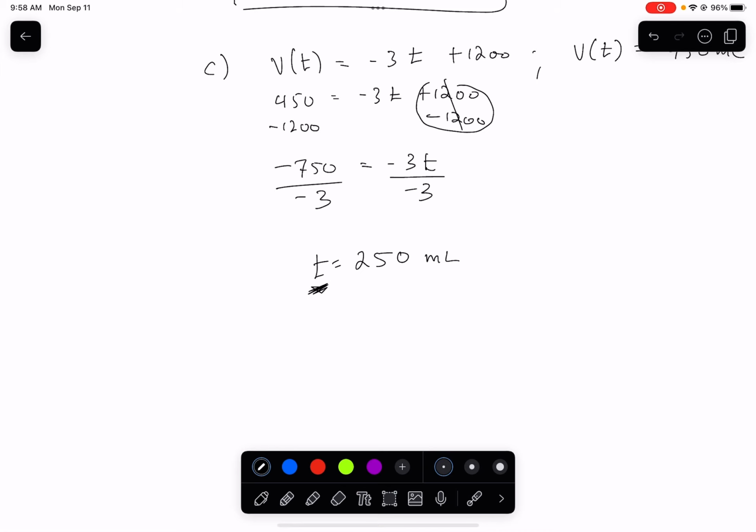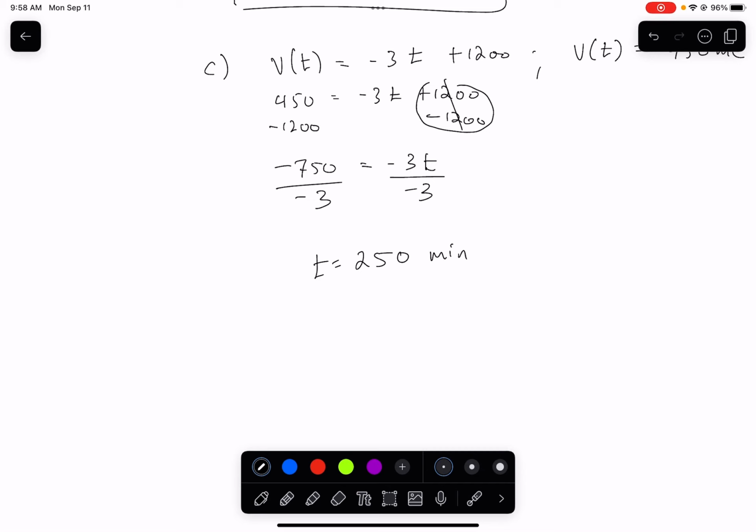And time is in what? Minutes. Okay, so that's important. That's why we're doing this question, because you've got to keep in mind the units that correspond with the variable you just solved for. That helps. You're expecting to see a unit that's appropriate to the variable that you've solved for.